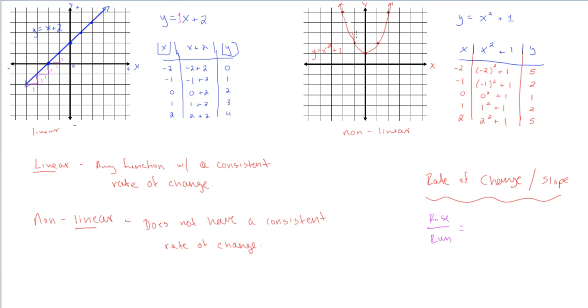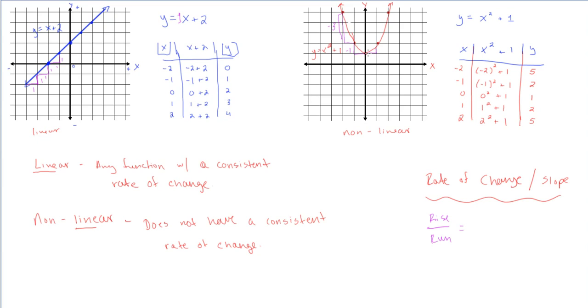If you look over here, right, from this point to this point, from -2 to -1 on the x-axis, right, this drops 3 spaces here. But then if we go from -1 to 0, right, this only drops 1. So this has a -3 and a -1 drop.